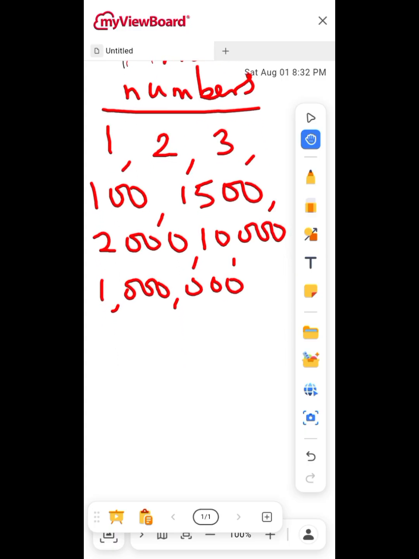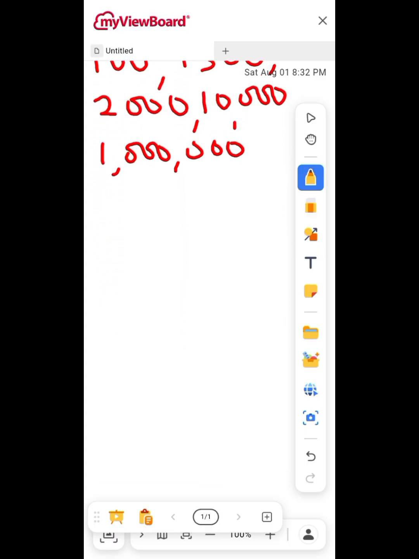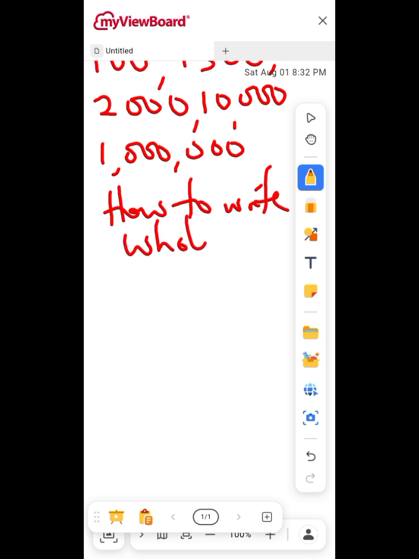So, what are we going to be looking at in this class? We are going to be looking at how to write whole numbers in words.